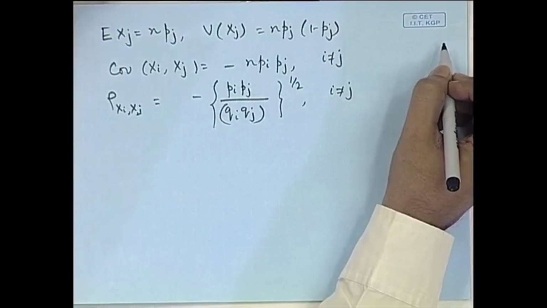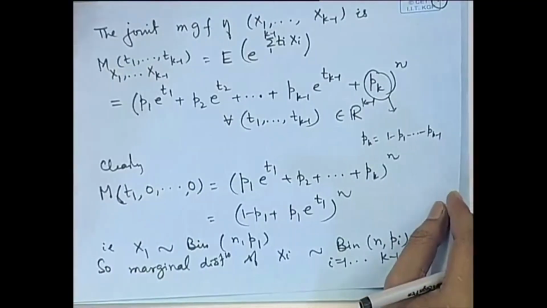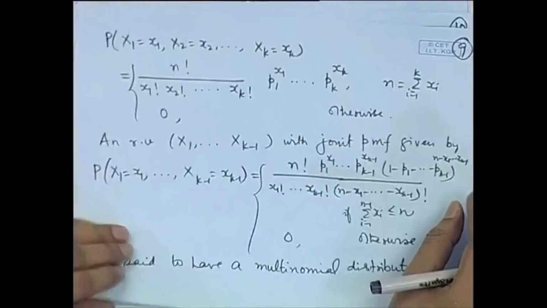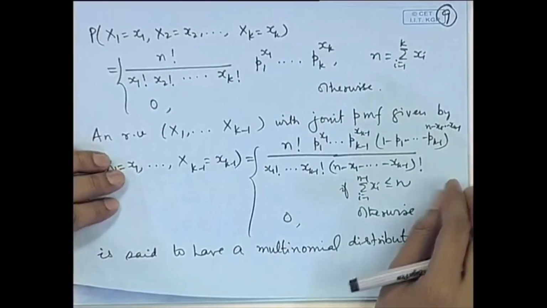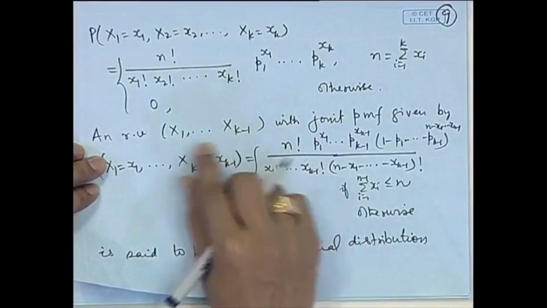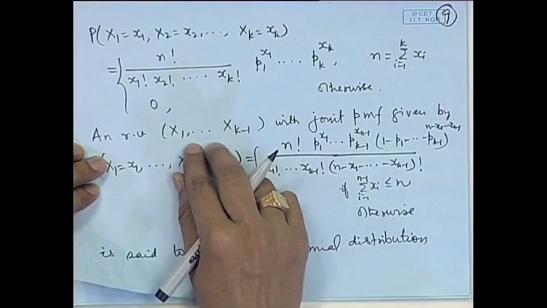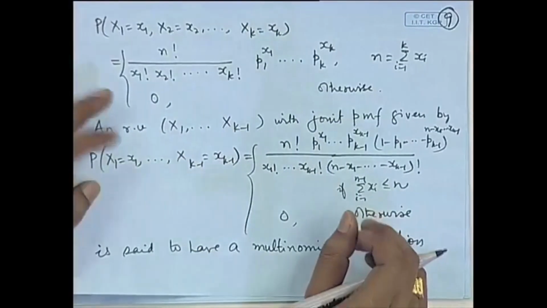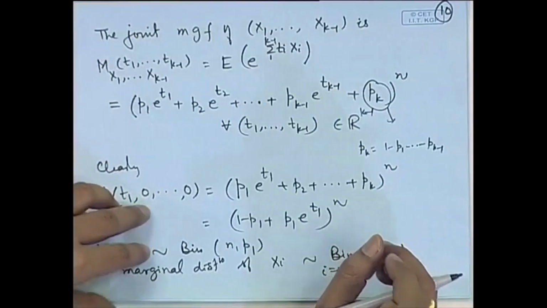In particular, if in the multinomial distribution I consider k equal to 3, I will have two of these variables, that is X1, X2, and that distribution is called a trinomial distribution. So, that is a straightforward generalization of the binomial distribution to the case when we have 3 categories as the outcomes.